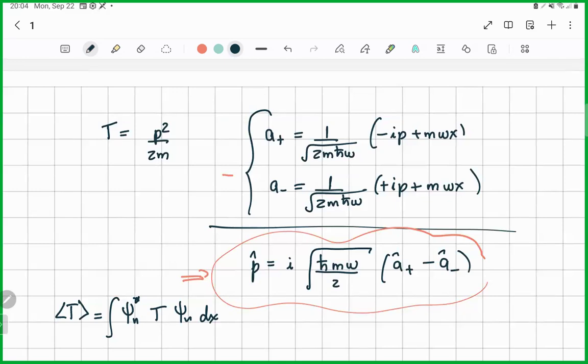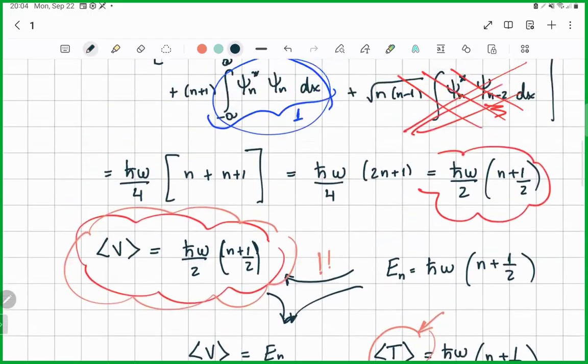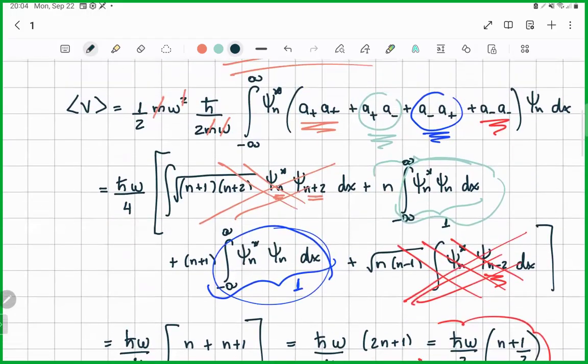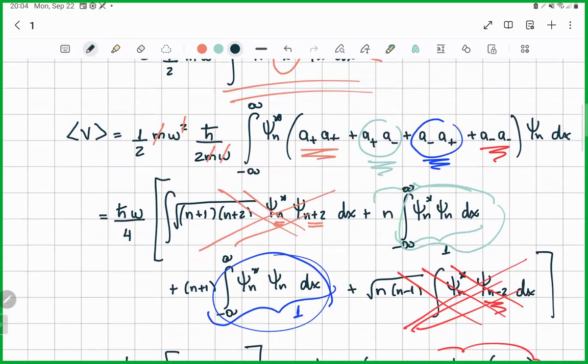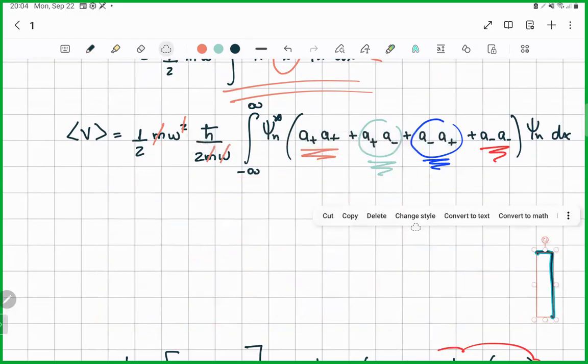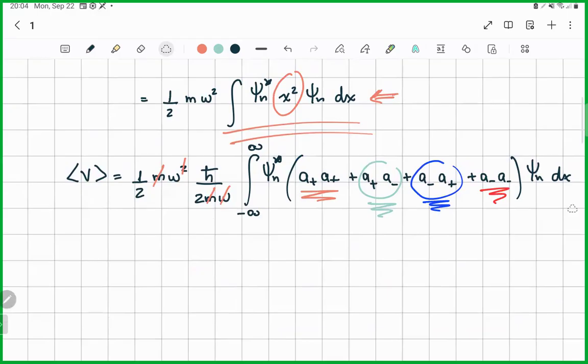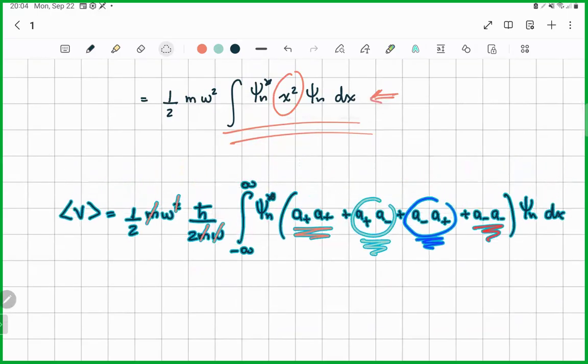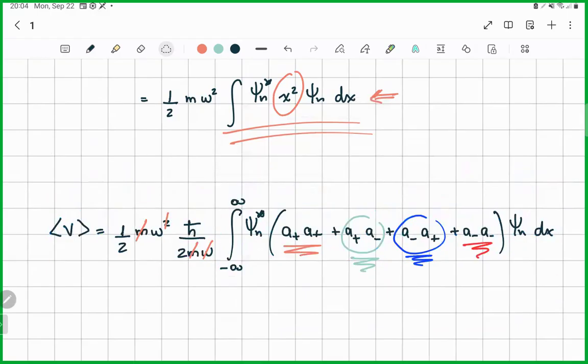Now, let me come back here to show you something interesting. I don't know if you noticed. Let me get some space so it's not too crowded here. Look carefully at what we wrote here.